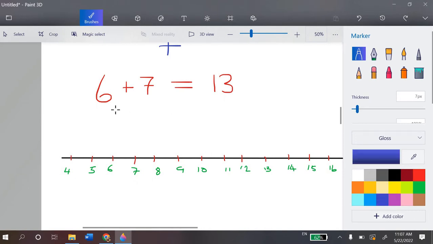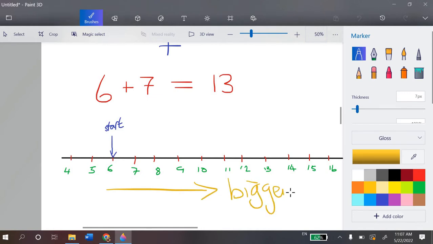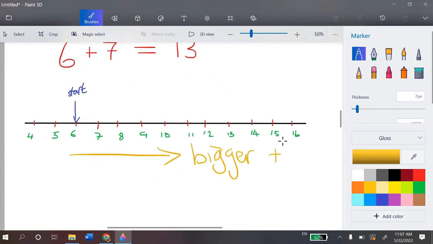So how do we do that? First we look at our first number, 6. We're going to start here at the number 6, our start point. Now we're going to add 7. If we remember from the number line before, when we go up it's getting bigger, so this is going to be plus.